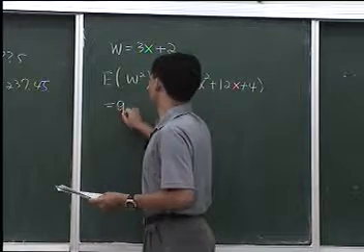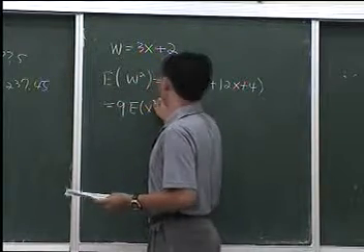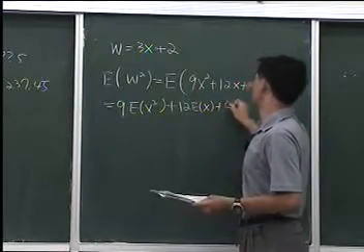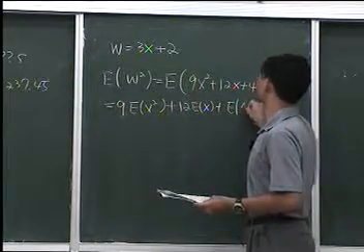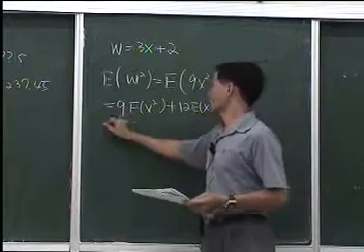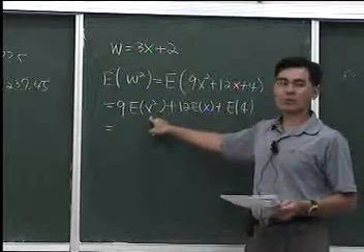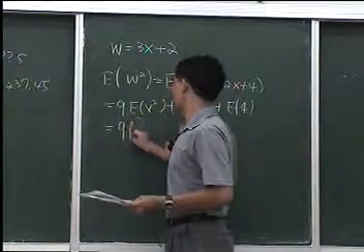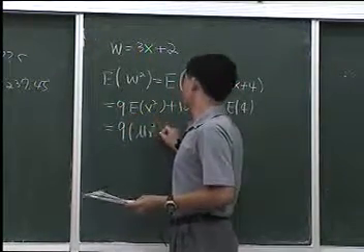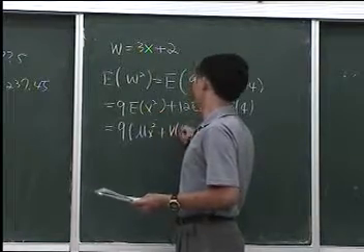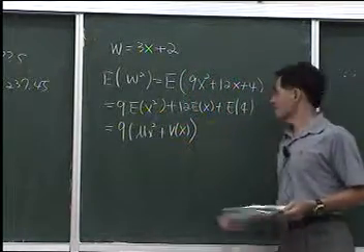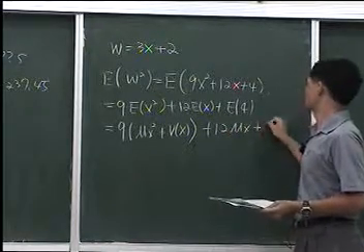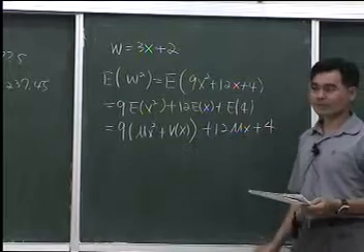Then you got 9 expectation x squared plus 12 expectation x plus expectation 4. And you know that expectation x squared is equal to variance plus mu x squared, okay? It's 9 mu x squared plus variance of x, okay? And here it is simply 12 mu x, and here it is equal to 4, right?